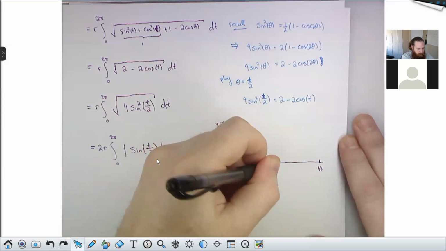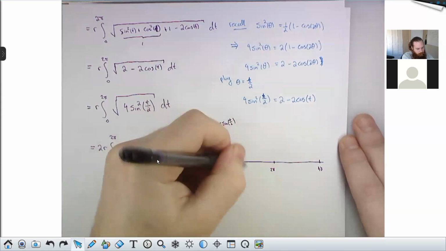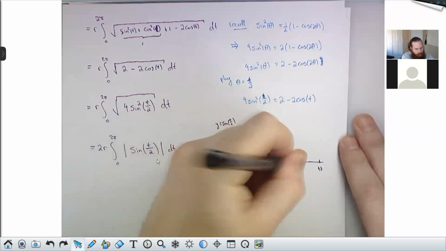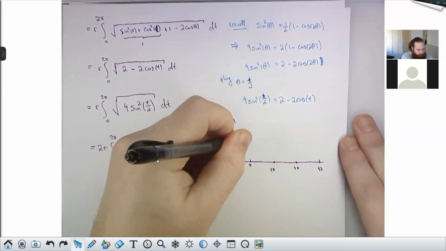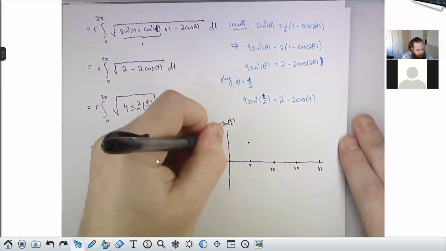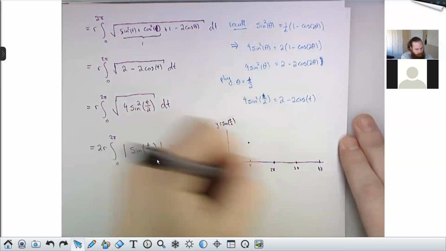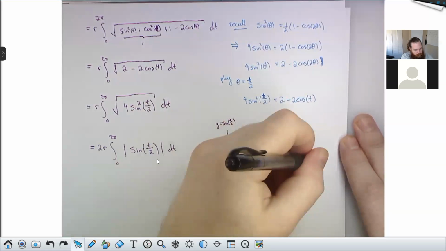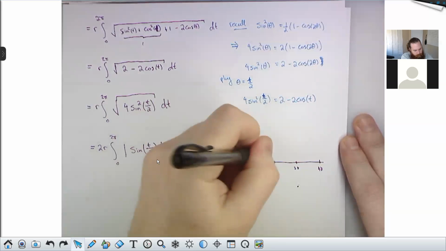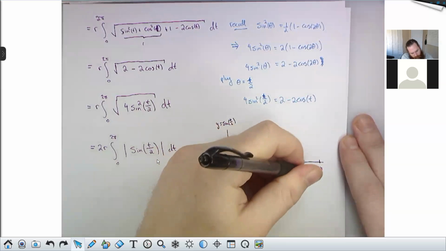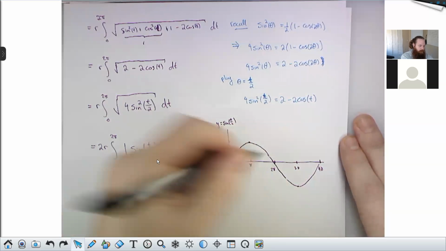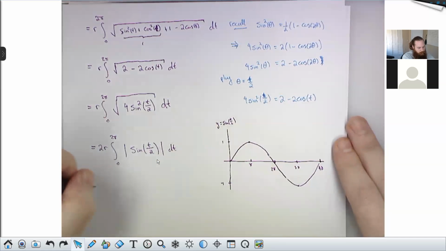That makes this 2 pi, which makes this pi, and makes this 3 pi. So the sine of t over 2 looks like this. And from 0 to 2 pi, that is indeed positive. So I can ditch the absolute values.